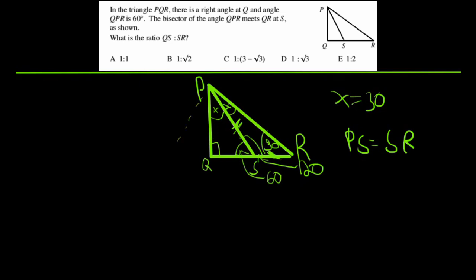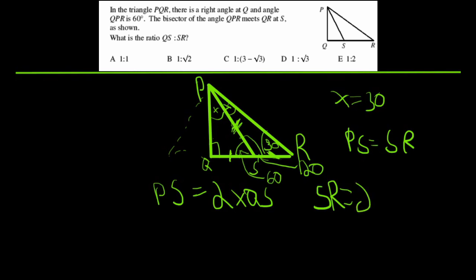And so we can say that this side here is double this side, so PS is equal to 2 times QS. However, SR is equal to PS, so we can say SR is equal to 2 times QS. And what this means is that the ratio is 1 to 2, which corresponds to E.